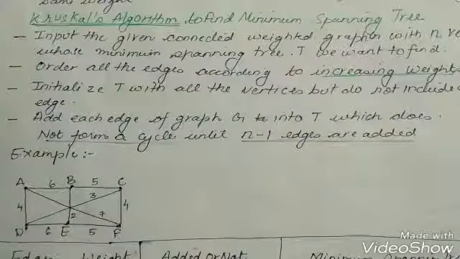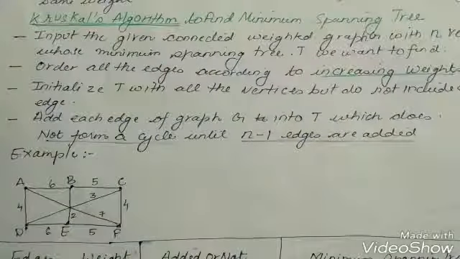So CF has 4 and even AD has 4. So we have written them here. AD has 4 and CF has 4. So the next one is 5. So BC is 5 and even EF is 5. So we have written all the edges present in the graph in increasing weight order. Fine. So this is done.